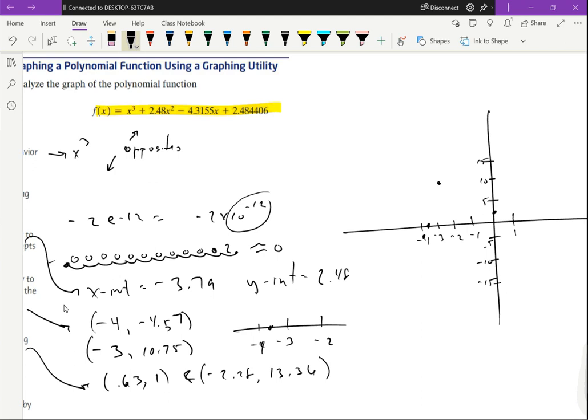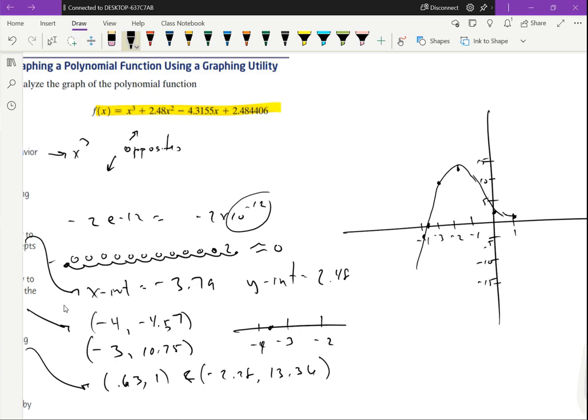At 0.63, we were at 1, so way down here. And at -2.28, we're at 13, so that was where the turning points were. So we know we're going to have something that comes up here. And then, this also was a turning point.